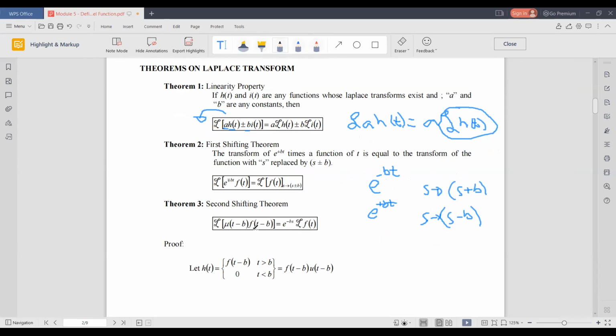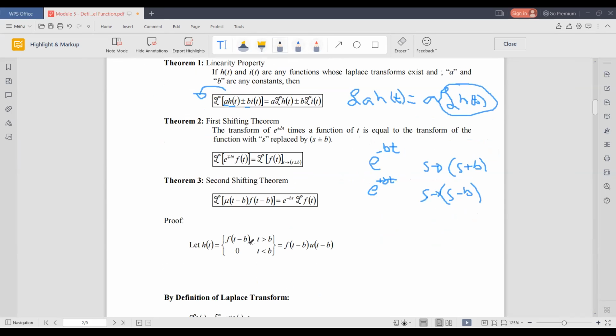Okay, so next we have the second shifting theorem. Basically we have here the general formula, that is the Laplace transform of u(t minus b) multiplied by f(t minus b). Ito lang din siya. So yung proof niya, we can evaluate this theorem using the definition of Laplace transform.